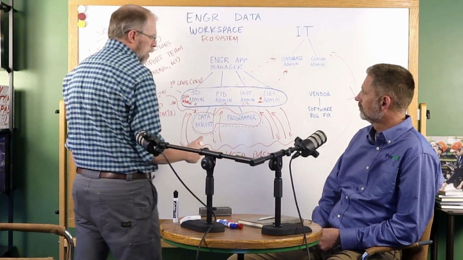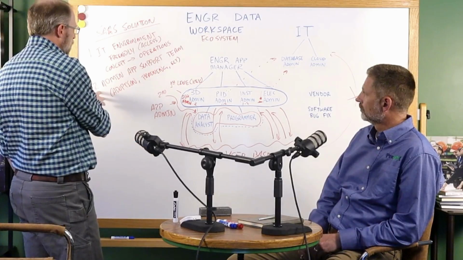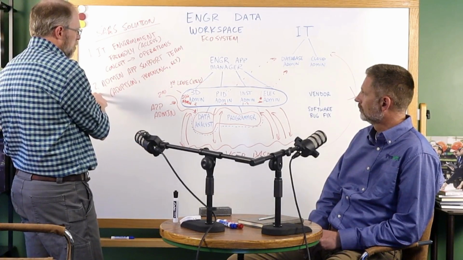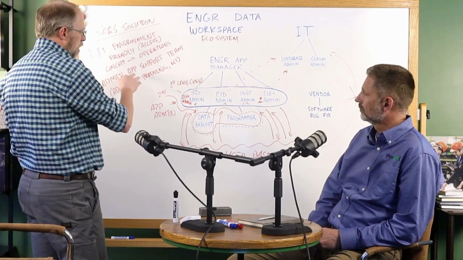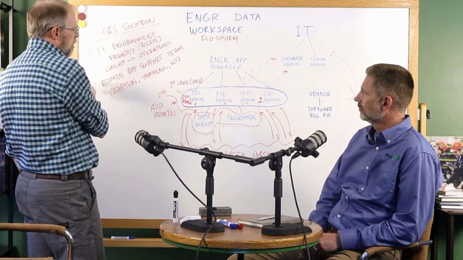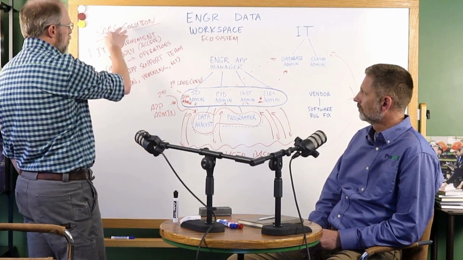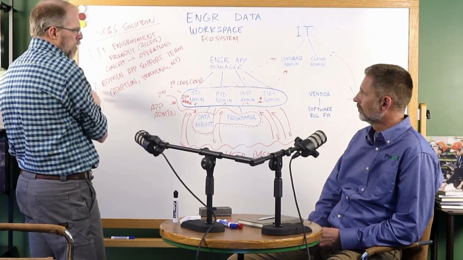And so that can cause problems in itself. And then the second one, which I think is key, is your admin app support team, is this team. I think it takes both of these together to make that solution viable. You can't do it without both of these.